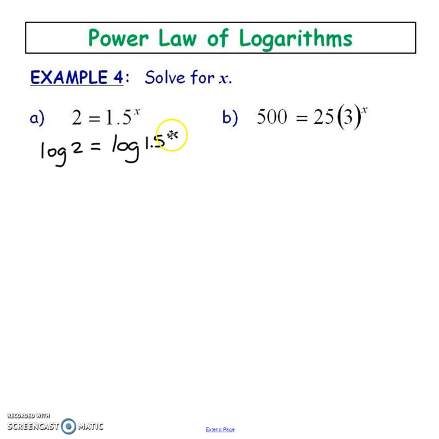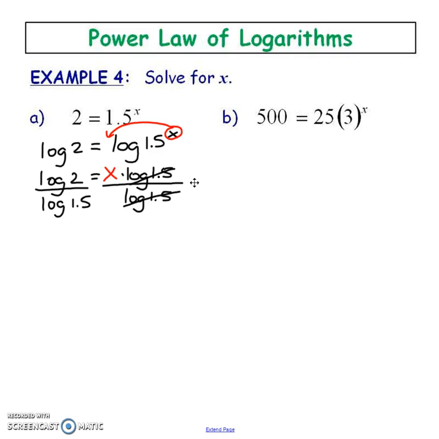Now x is stuck all the way up here, so let's use that power law and bring it to the front. And it's going to be x times the log of 1.5. Now I can easily get x by itself by dividing the log of 1.5 out on both sides. All right, if you don't have a calculator, leave your answer like this. If you do have a calculator, you can calculate this divided by that one, and you get about 1.7.